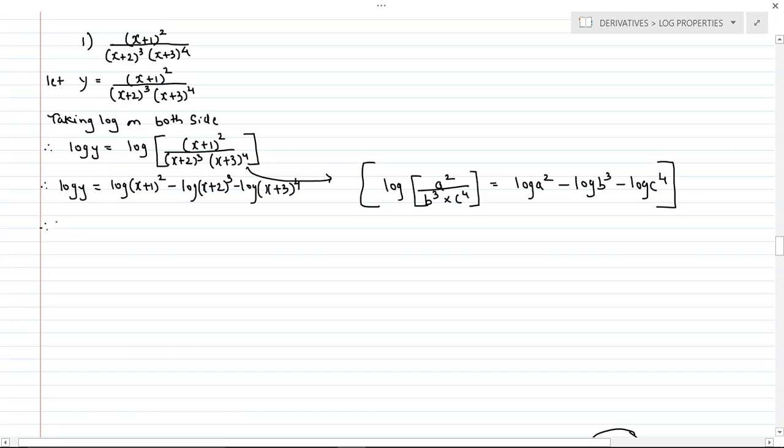After this, we keep this as it is, and we can extend one more step using the property of log: log a raised to m can be written as m into log a. So here the 2 will come down: 2 into log (x plus 1) minus 3 into log (x plus 2) minus 4 into log (x plus 3).